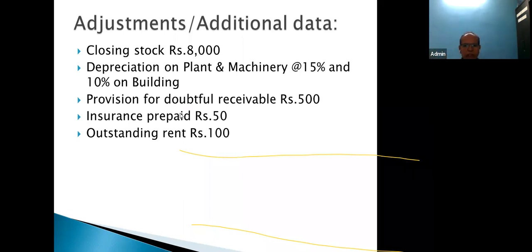Now, all 1,000 customers may not pay to our company on time, or all customers may not pay. So there is a small element of customers who may not pay cash to our company.